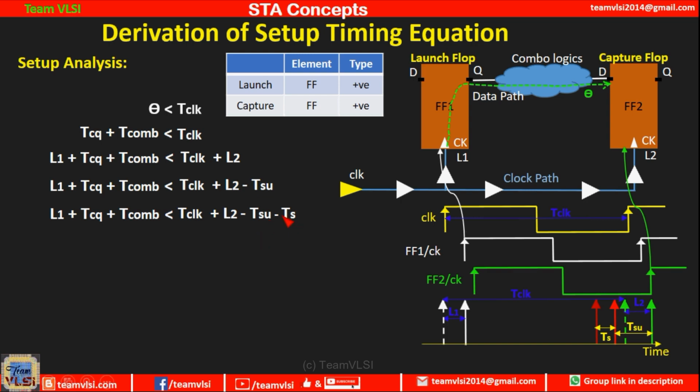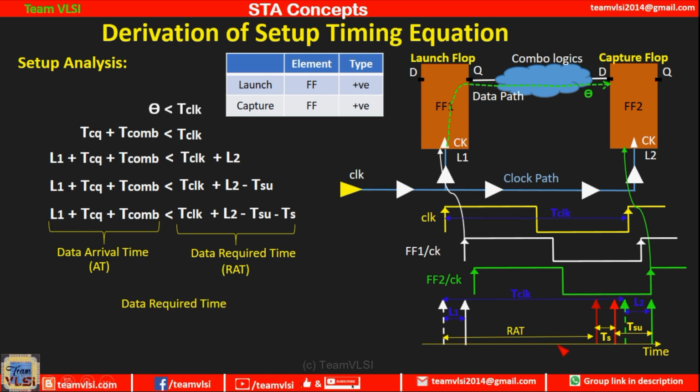Okay. So the left hand part should be lesser than the right hand part, and the left hand part is actually the time to travel the data. So that is called data arrival time, or sometimes it is denoted by AT, and the right hand side is called data required time, or RAT. And you can see here RAT is this much time, and the difference between data required time and data arrival time is called slack.